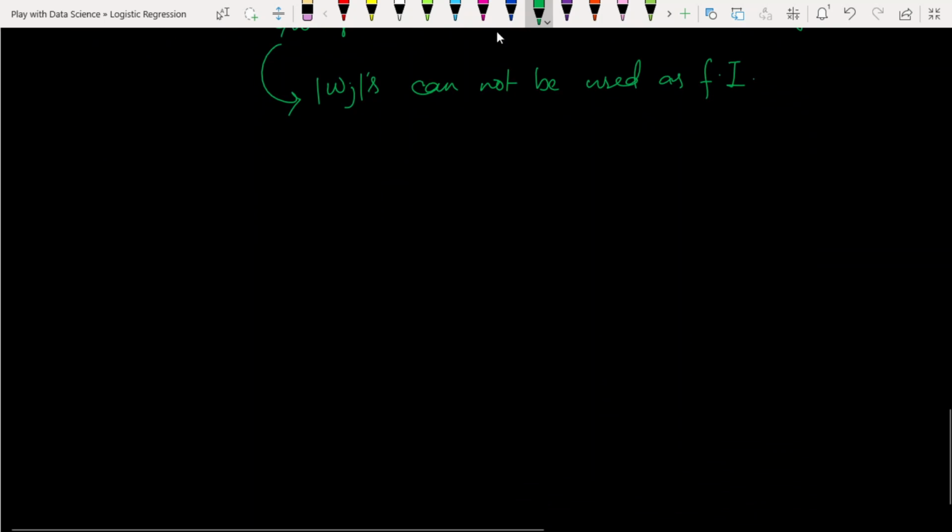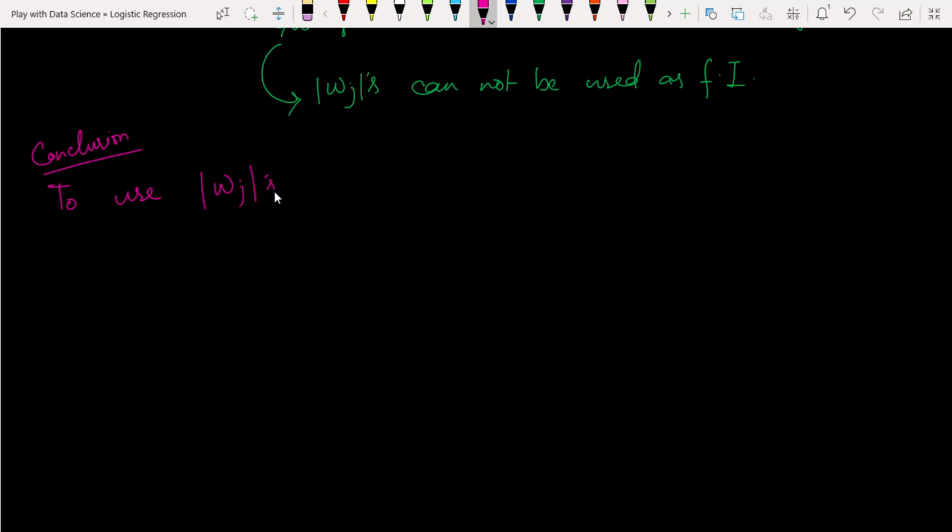The conclusion is that to use the absolute value of wj's as feature importance, we first have to determine whether the features are multi-collinear or not.